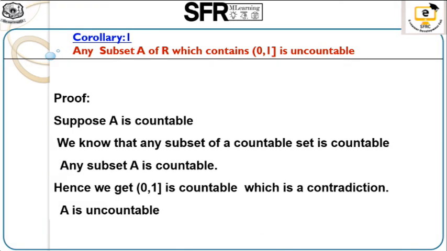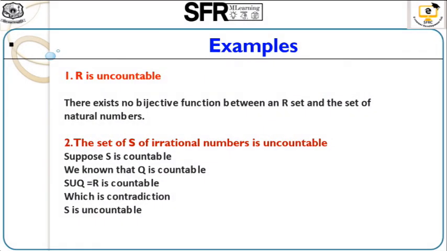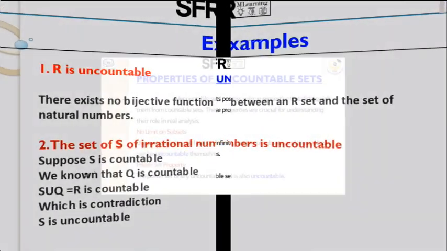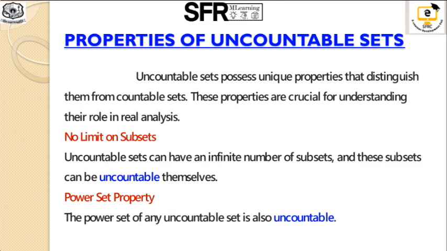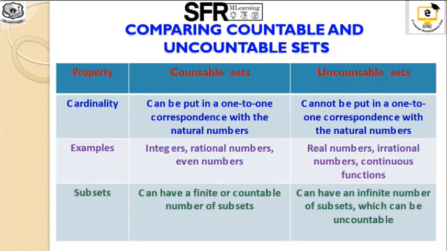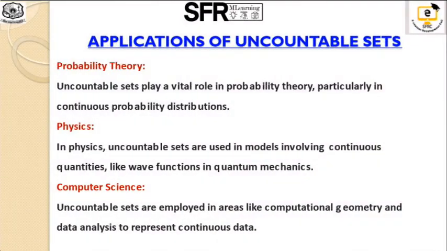Here any subset of R containing it is an uncountable set. Some examples of uncountable sets. Next, the properties of uncountable sets and comparing countable and uncountable sets. The last one is the applications of uncountable sets.